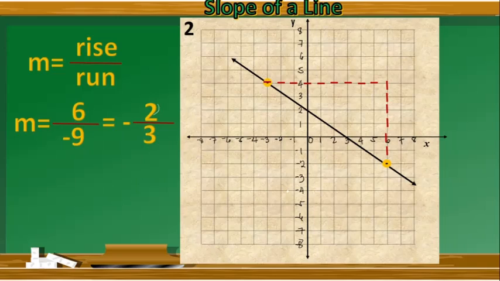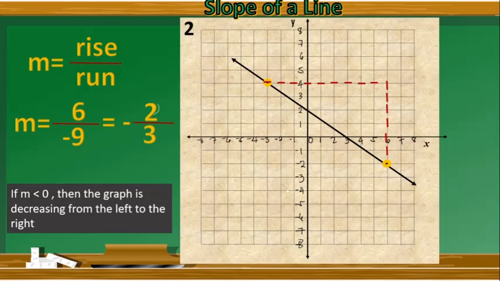If the value of our slope is negative, that means that the graph is decreasing from the left to the right. Negative 2/3 is less than 0. That's why our graph is decreasing from the left to the right.